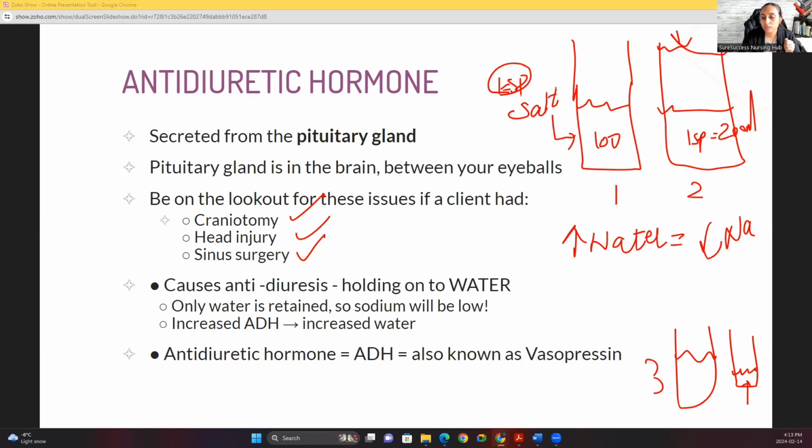It will increase. High. If you have too much water in your blood, sodium concentration will be low. And if you have too much dehydration and your fluid is too low, what will happen to your sodium? High. Hyper.